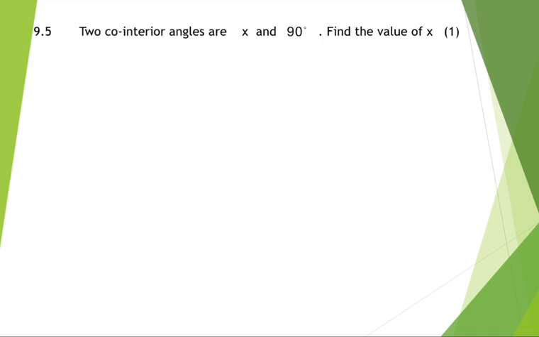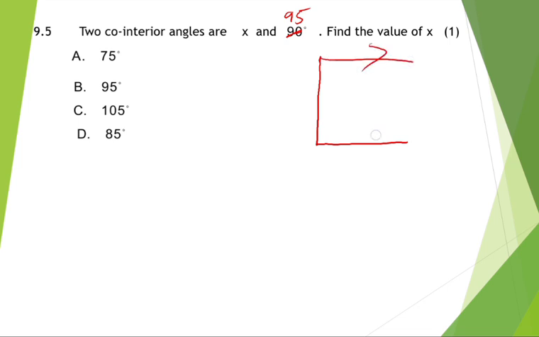9.5. Two co-interior angles are X and 95. Find the value of X. So they will be like this. These are co-interior angles.